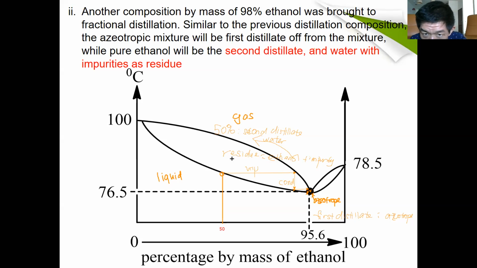Okay, so let's say here is your 98% ethanol. Okay, this is your 98% ethanol. So what will happen if you bring them to fractional distillation?